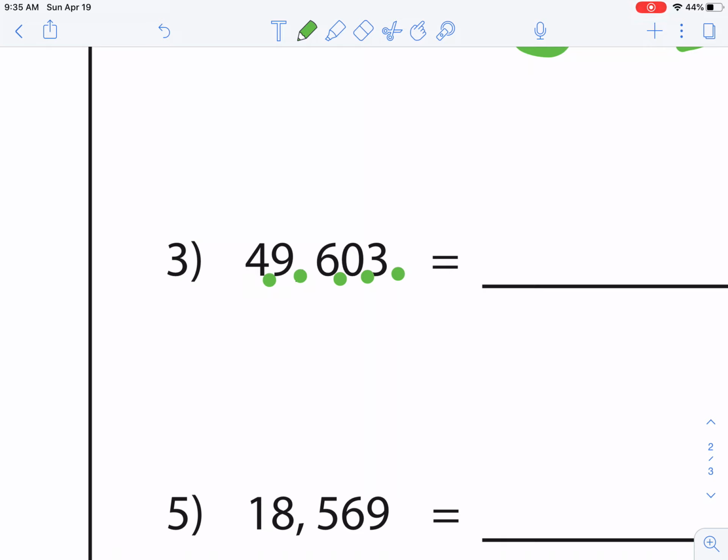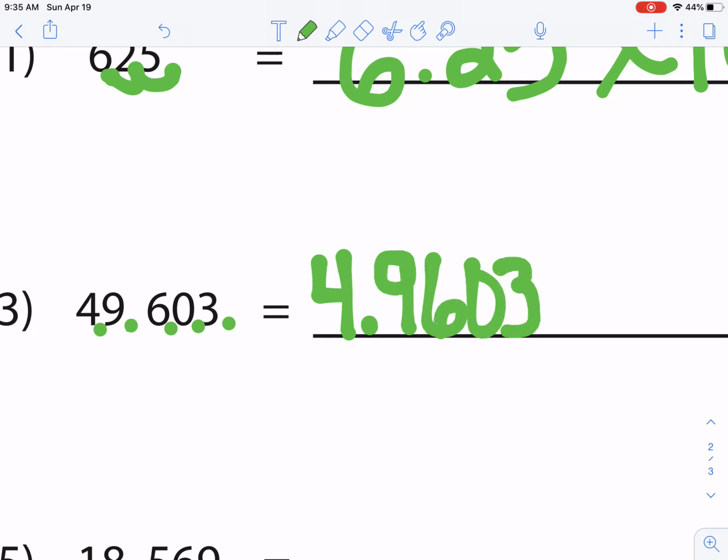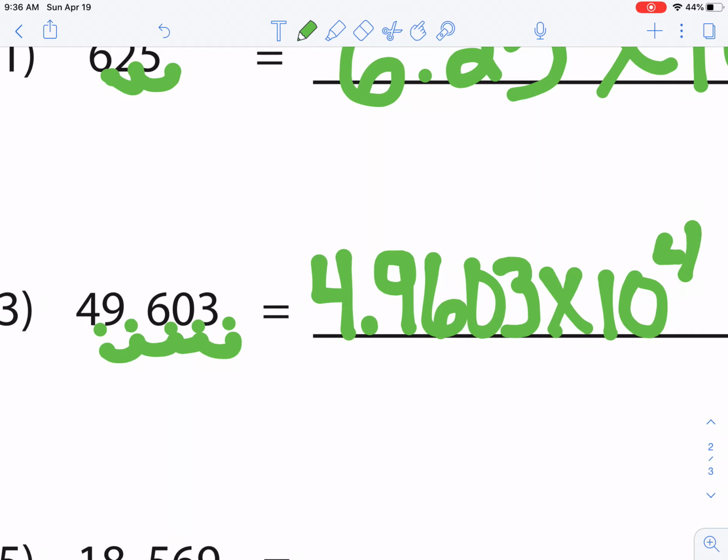But if I move it there, I get 4.9, and that is a number between 1 and 10. So it would be 4.9603 times 10. And how many place values do we have to move it? 1, 2, 3, 4. Times 10 to the 4th power.